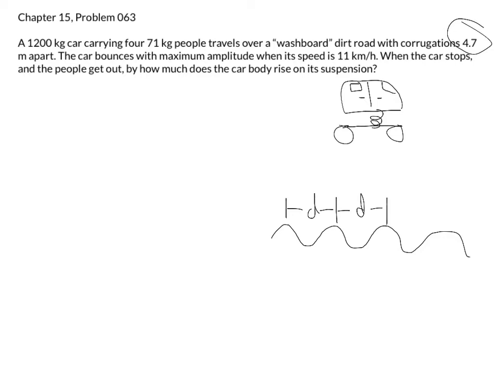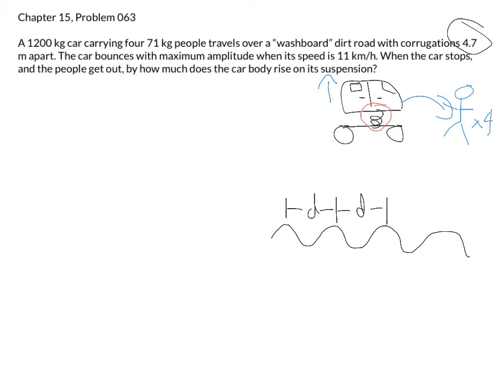If we think of the suspension as being modeled as just one big spring, when all the people get out of the car, there's 4 of them, the car actually goes up as a result of the lessened force on the suspension or the spring.